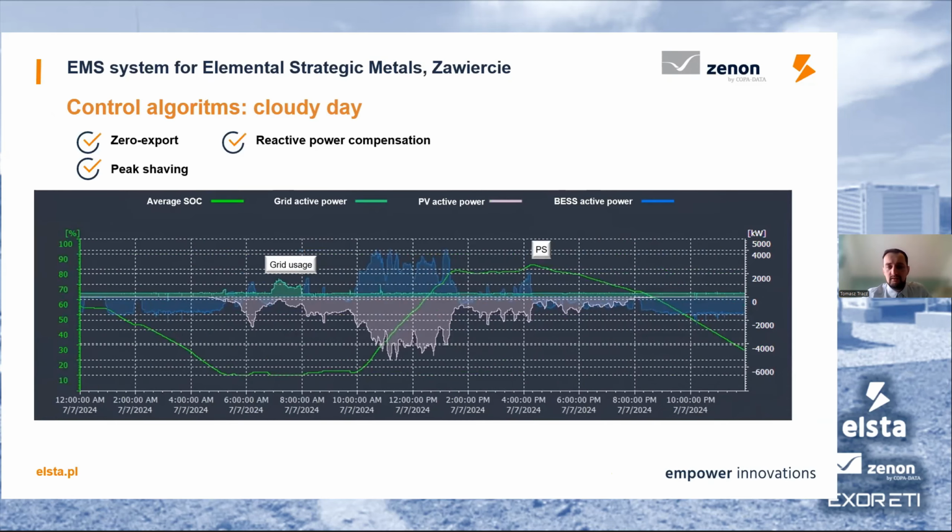The second screen, which we can see, is during the cloudy day. And here the situation is not so beautiful as on the previous slide, but we can also see that during the night we are taking the load from the factory, but in the morning there is not enough sun to charge our storage, so the site is working from PV. Some excess is being transported to the energy storage, but it's not enough.